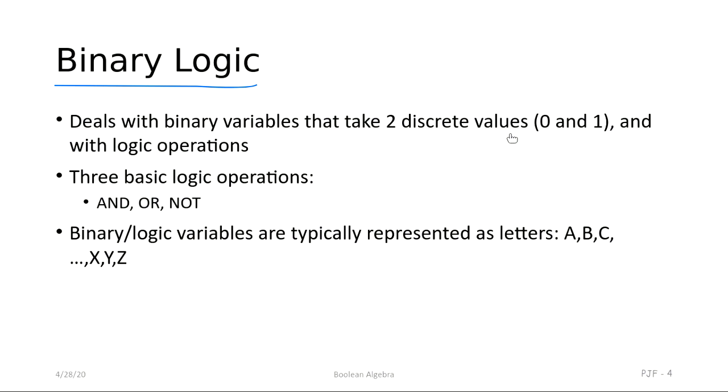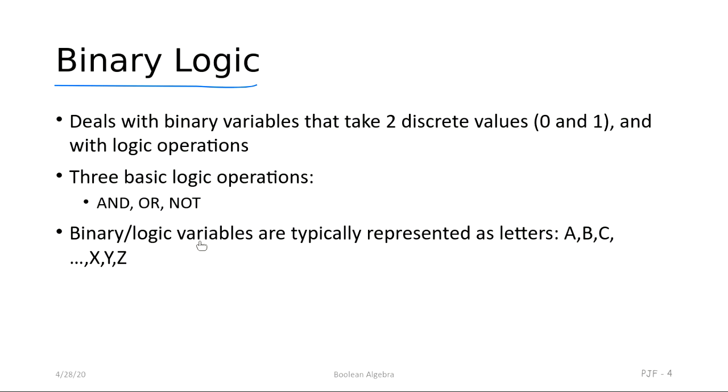But in the digital field, it only uses binary numbers, and it has only two discrete values, 0 and 1. And there are certain logic operations. There are three basic logic operations referred to as AND, OR, and NOT. What are these? We will be looking into it in a short while.